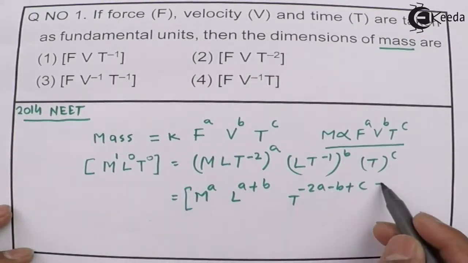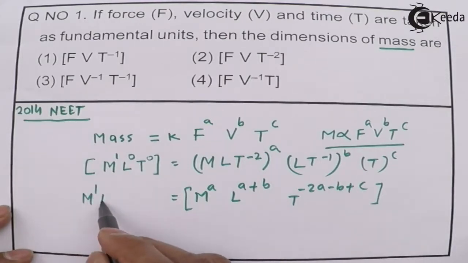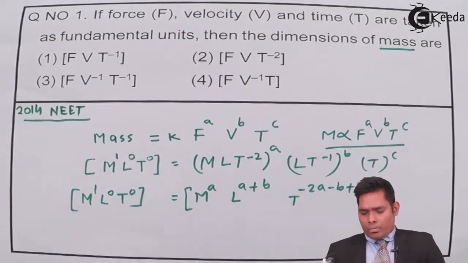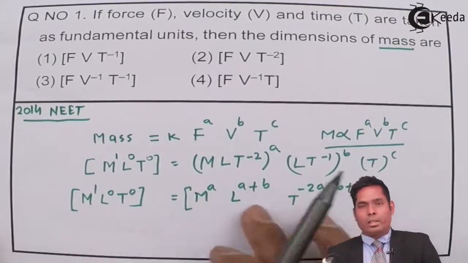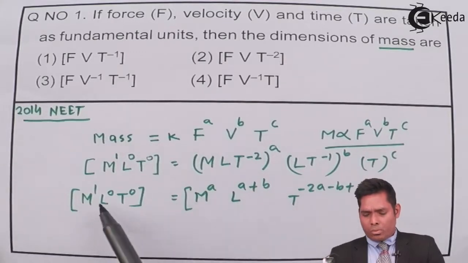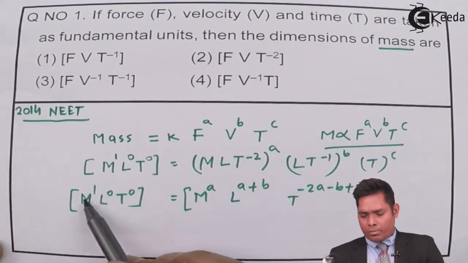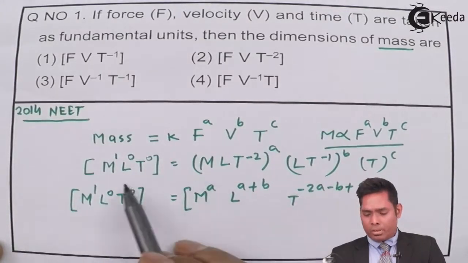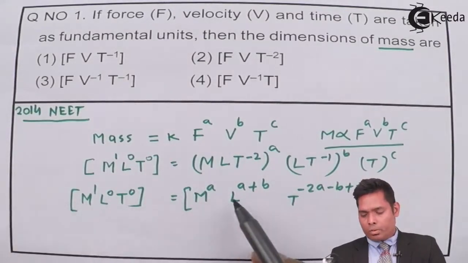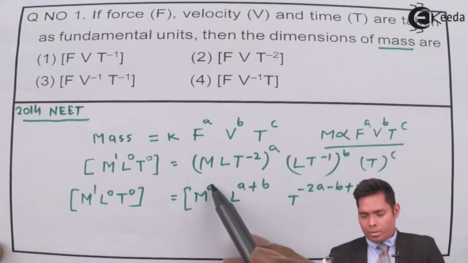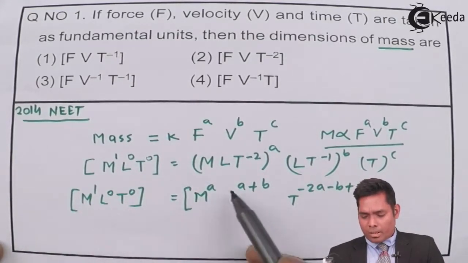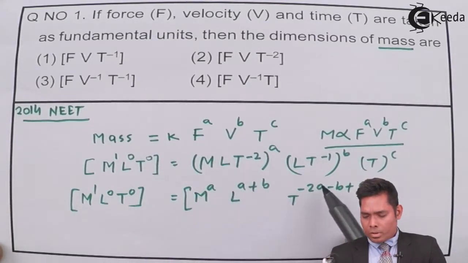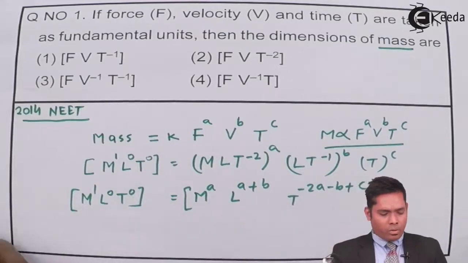So this is the dimension on the right side, and on the left side you have this. Now because these are equal, you just have to see the power of M: here 1, here it is A, so they must be the same. If you want this to be equal to this, then A must be 1, then only they will match. Similarly, A plus B must be 0, because it is 0 here. Similarly, this should be 0, then only this will match.